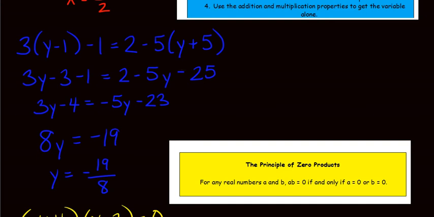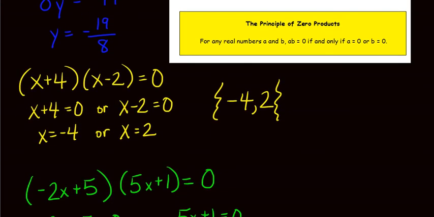Here we might have something a tad bit new. It's called the principle of zero products. We know that anytime we have numbers, if a times b equals 0, one of these can equal 0, and it's going to make the whole thing equal 0.